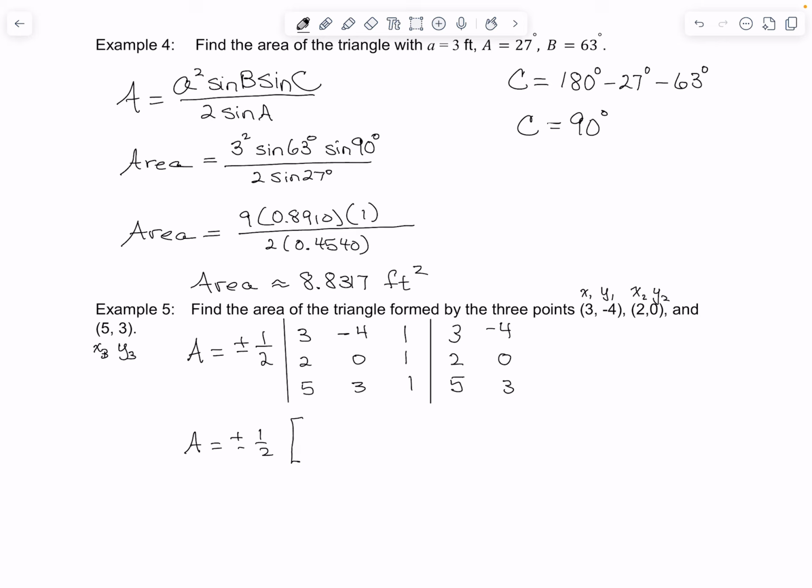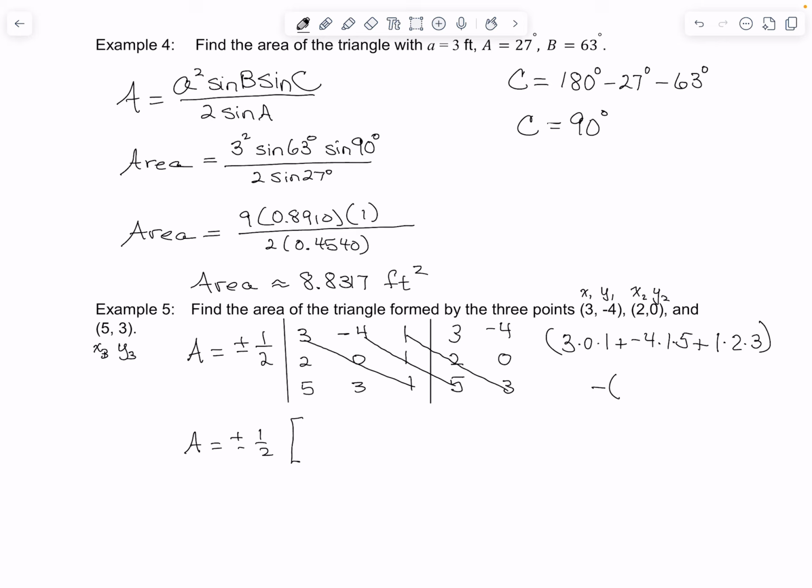by taking and multiplying down the diagonal. So go up in the upper left-hand corner and multiply the numbers down the diagonal. So we have 3 times 0 times 1, and then add to that -4 times 1 times 5, and add to that 1 times 2 times 3, and off of that we're going to subtract multiplying up the off diagonals.